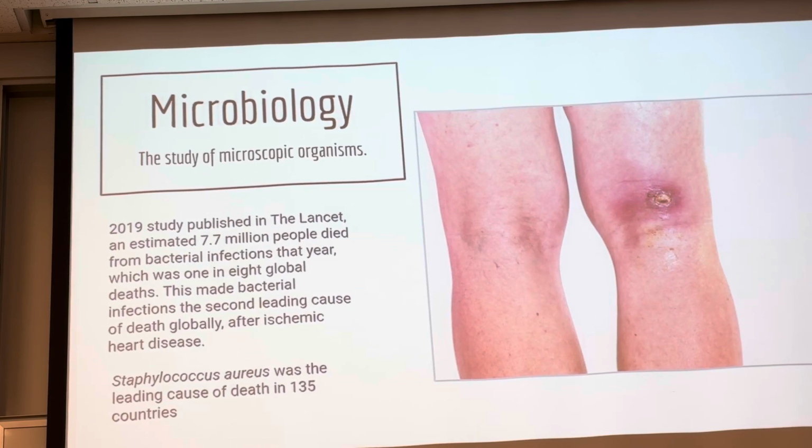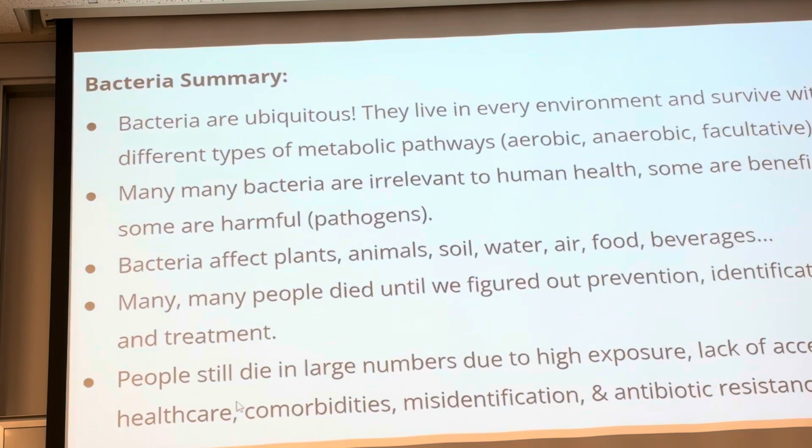It says that is the second leading cause of death globally after ischemic heart disease, which is crazy because that's preventable. And Staphylococcus aureus was the leading cause of death in 135 countries. Crazy.